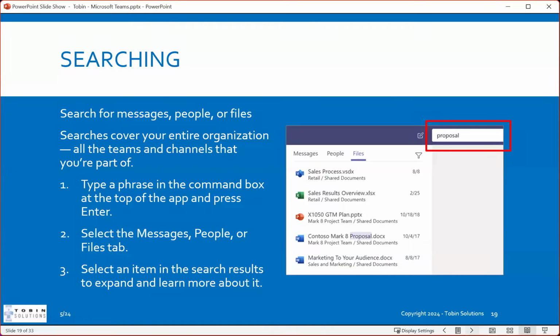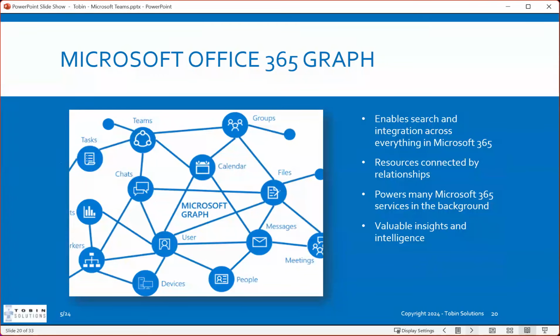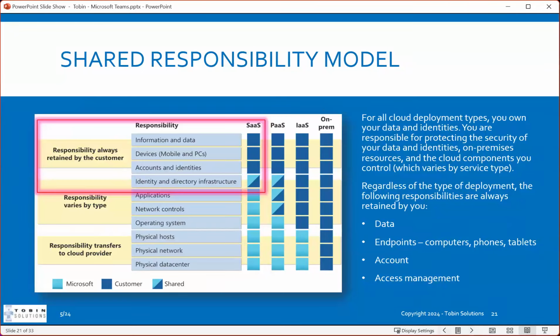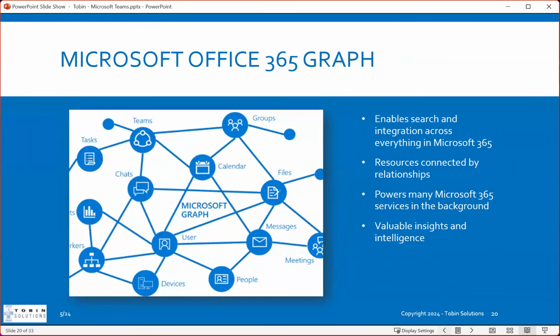And here's what you want to know about the searching: it's not just searching what's in Teams. It searches everything you have in Microsoft Office 365. So this is where security gets important. When you're searching, it's powerful.